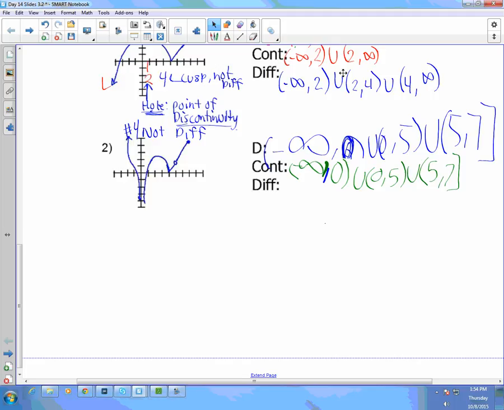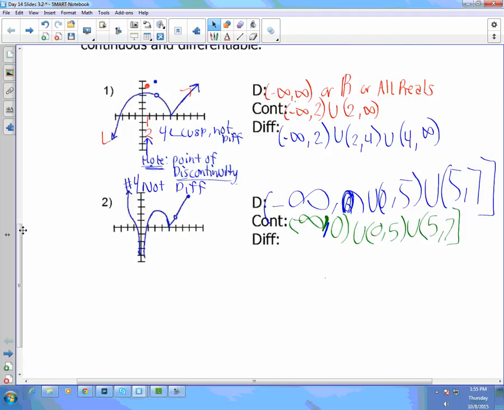I think it's good too. Now in this case, the domain and the continuous intervals are the same. Okay, why are they the same?